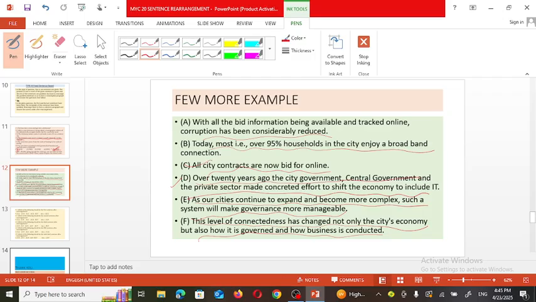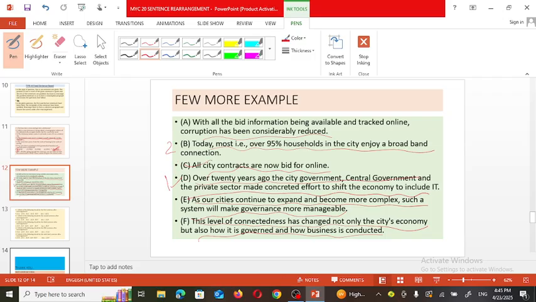Permanent or more powerful, strong. So concerted efforts to shift the economy to include IT. So after D, this statement is connected with this. Today, option B, this one will be the second.